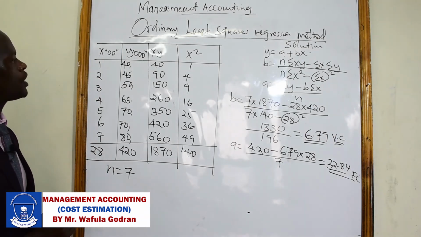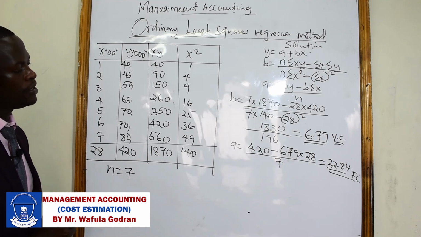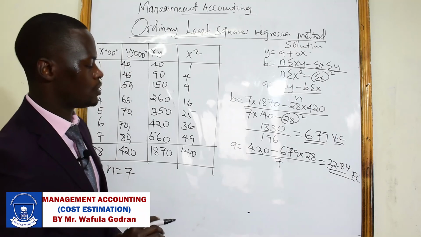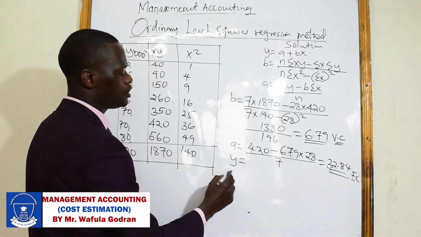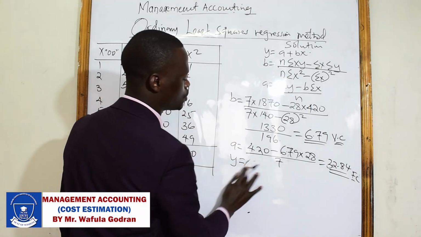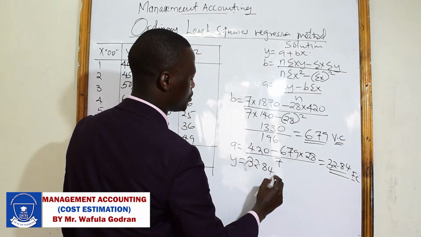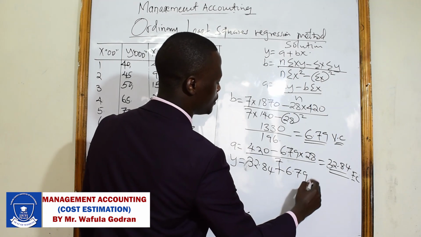So we can come and check from these points that we have, or we can come and fix in the values that we have, because we expect Y to be equal to 32.84, that is fixed cost, plus 6.79.